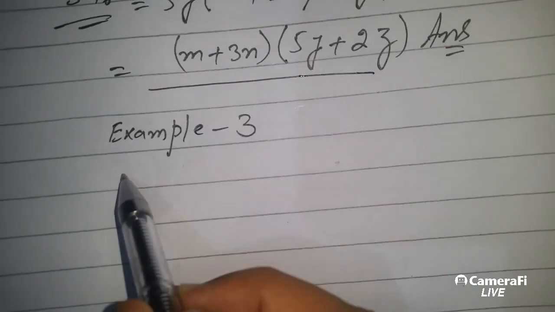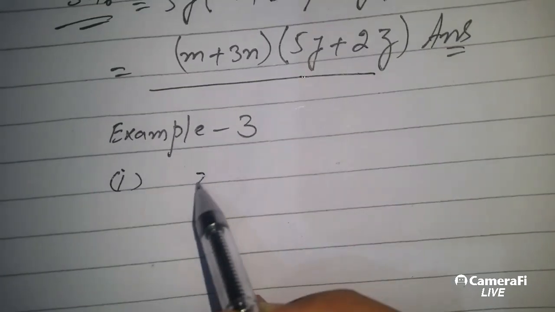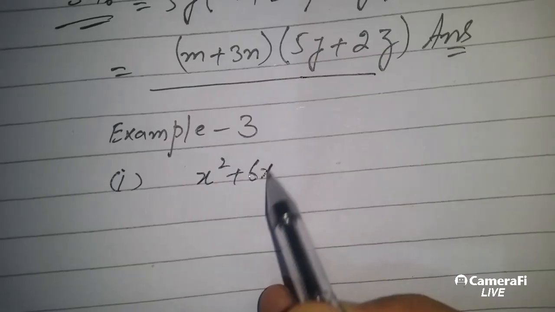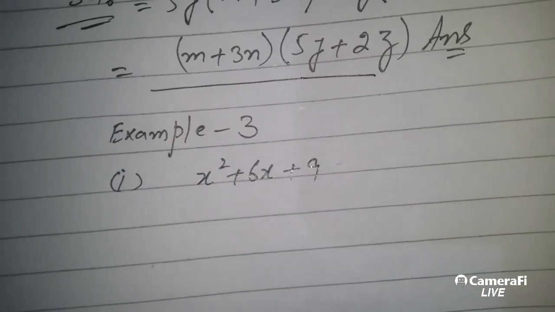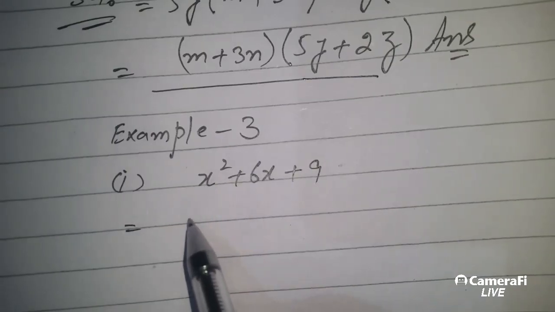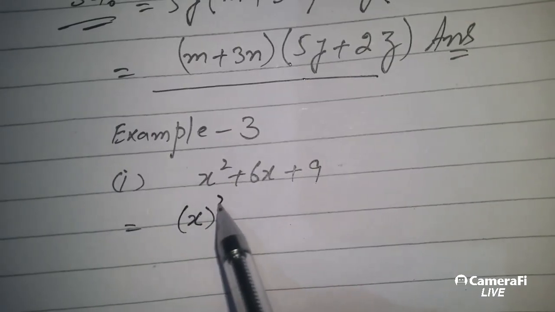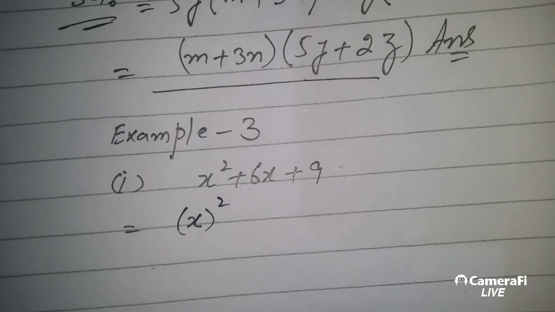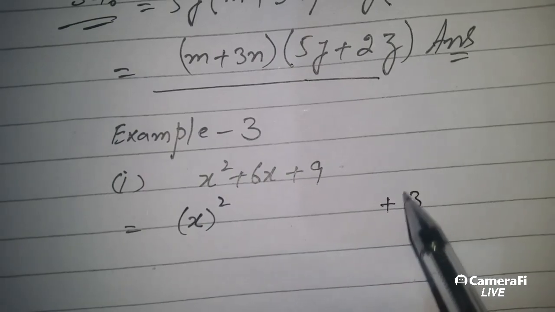Here we have x square plus 6x plus 9, and we want to factor. If we closely observe, x square is nothing but the square of x, and 9 is nothing but the square of 3.